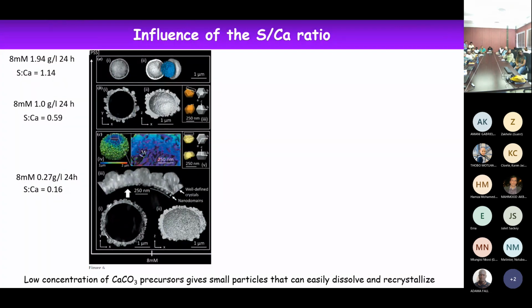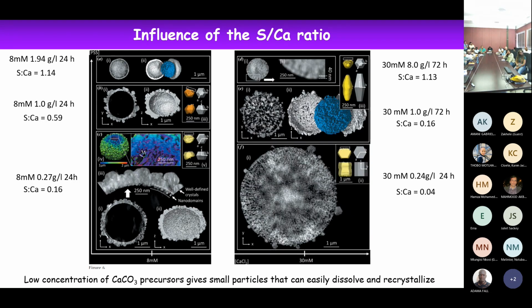And you could say, okay, we have learned perfectly well what was going on. We wait a long time and we get core shell particles with a hollow core after a long period of time. But that's not true. Because if you modify the concentration, instead of working at 8 millimolar, you work at 30 millimolar, then you find out that the particles never get completely hollow.